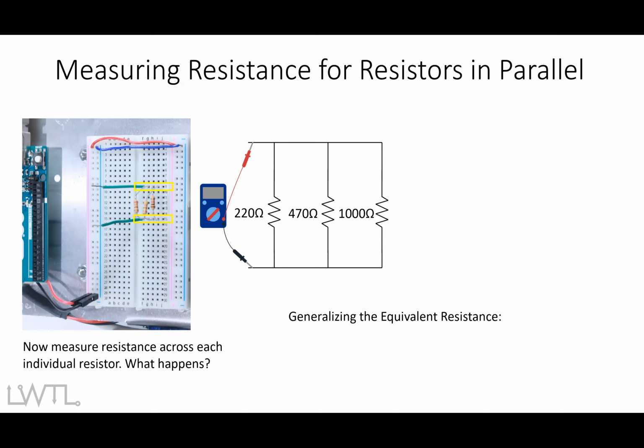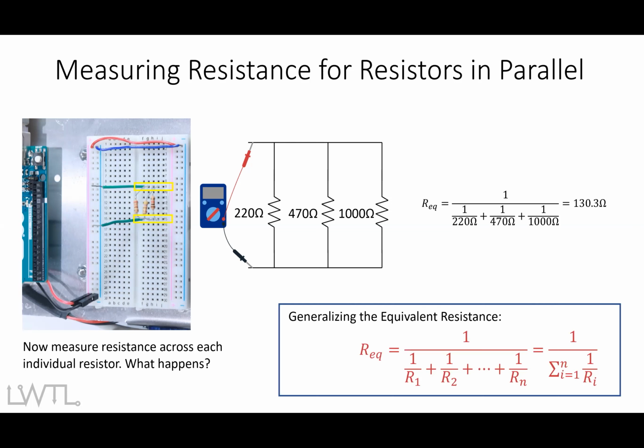So the equivalent resistance for resistors in parallel is a fractional version of the resistance values. It is 1 over the summation of 1 over each individual resistance value. So you can see it's 1 over 220 ohms plus 1 over 470 ohms plus 1 over 1000 ohms.